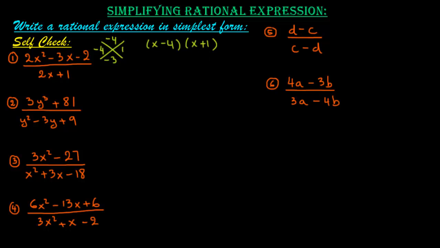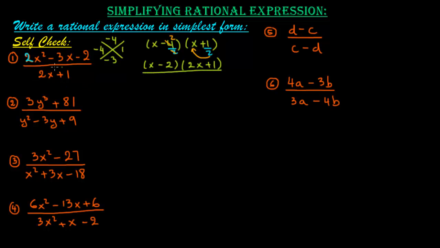Then since the leading coefficient is 2, what we have to do is divide by 2 on both sides. So 4 divided by 2 gives me 2, and 1/2 cannot divide by 2, so I bring 2 forward. Then we have x minus 2 times 2x plus 1.